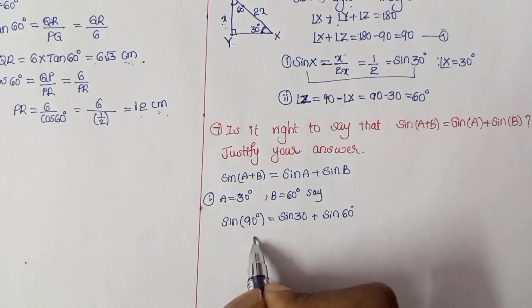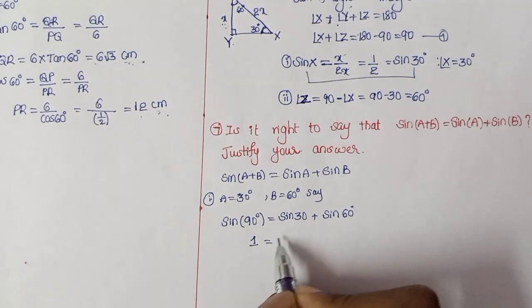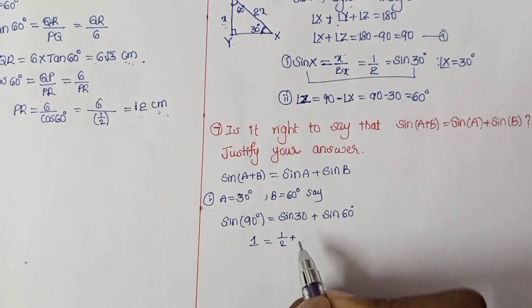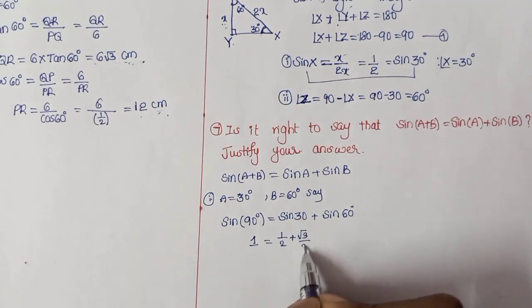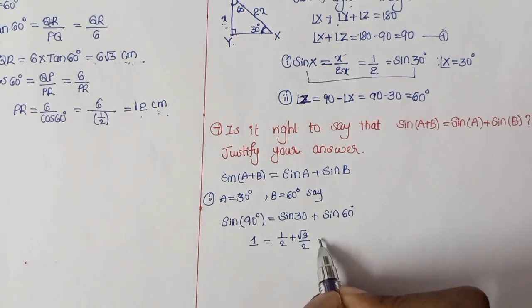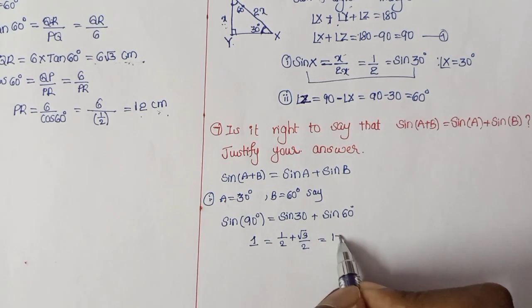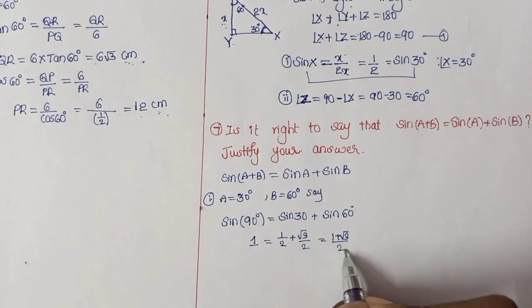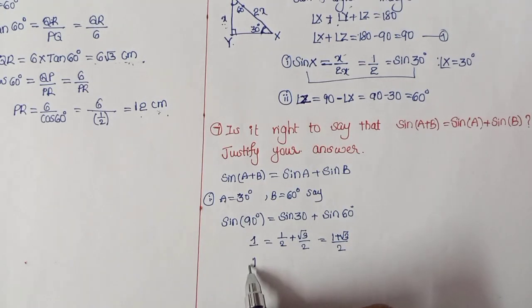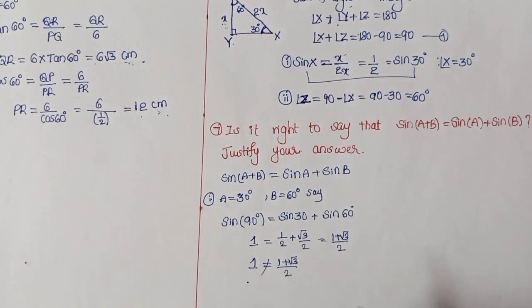Sin 90 is 1. Sin 30 is 1 by 2. Sin 60 is root 3 by 2. So this is 1 plus root 3 by 2. Is 1 equal to 1 plus root 3 by 2? No, it's not.